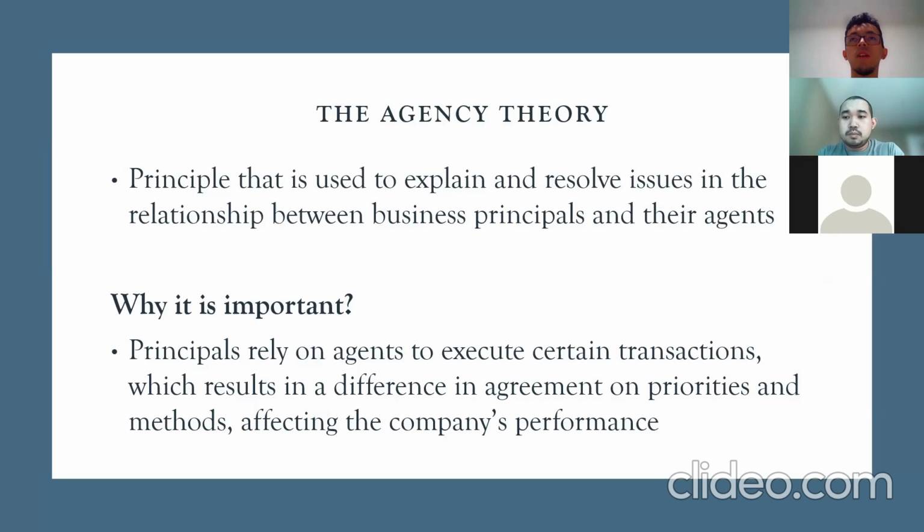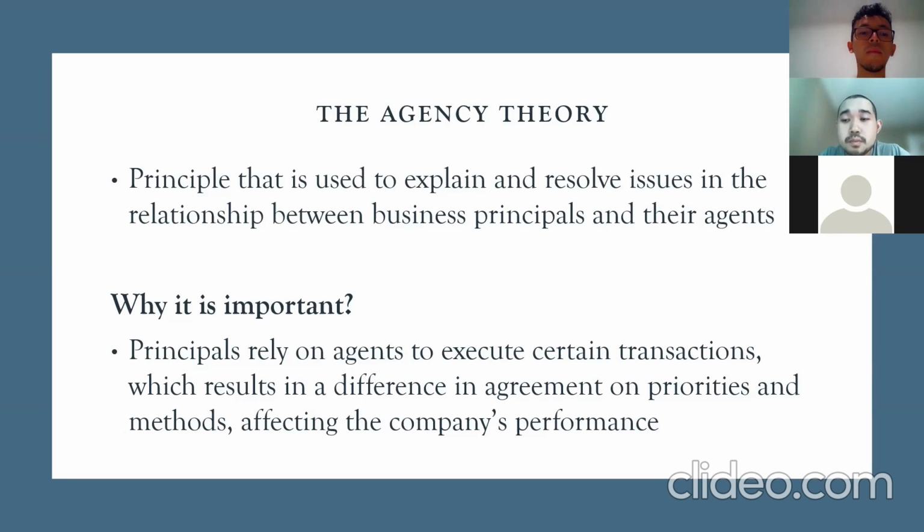For example, if a small company, a restaurant, a small store, hires a new manager, there will be issues between the owner and the manager. Why? Because sometimes each party is looking for their own objective.